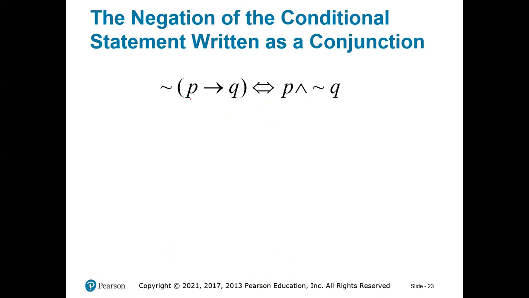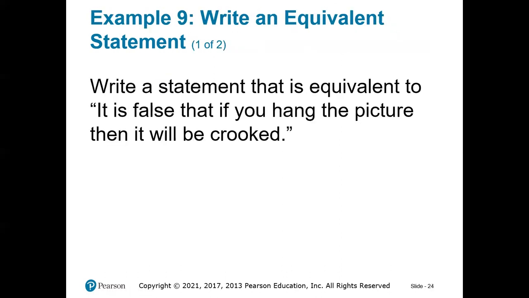If you look at this one here, P implies Q can be replaced by the negation of P or Q. Now, if you want to remove the parentheses, you put the negation of P, this or becomes and, and you put the negation of Q. And what is the negation of the negation of P? It is P. So P and the negation of Q. Therefore, the negation of a conditional becomes a conjunction. That's why the title of this slide says the negation of a conditional is written as a conjunction, because the negation of the or becomes and.